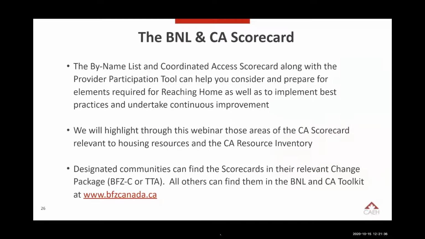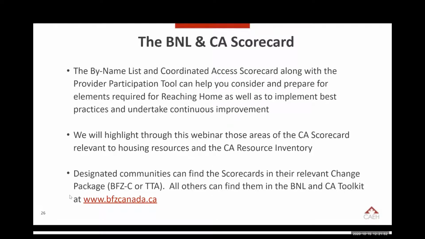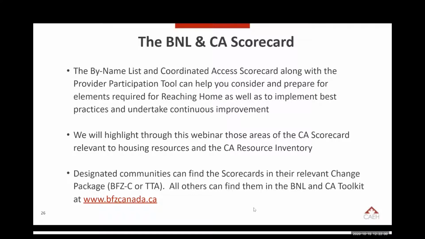We're going to talk about some resources or tools that could be helpful for folks. The By Name List and Coordinated Access Scorecard, along with the Provider Participation Tool, which are all in one document, can assist in guiding your efforts. So we're going to be highlighting throughout this webinar those areas of the Coordinated Access Scorecard relevant to housing resources and the Coordinated Access Resource Inventory. If you are a Reaching Home designated community, you can find your scorecards in the relevant change package. So Jody, for Built for Zero communities, that's in the Built for Zero change package.